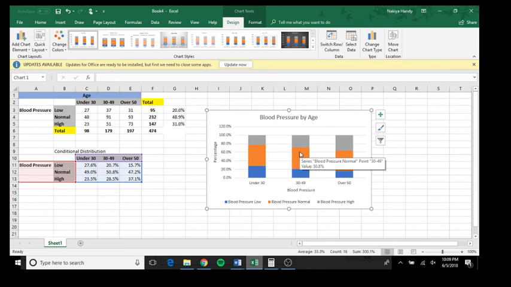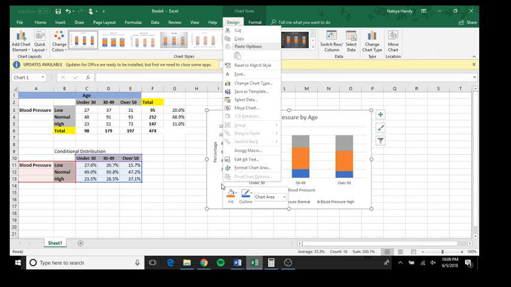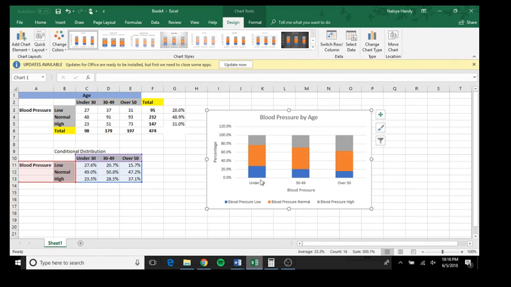So as you can see with this segmented chart, it displays the conditional distribution of a categorical variable within each category of another variable. As you can see, the blood pressure normal is bigger than the blood pressure high and the blood pressure low.